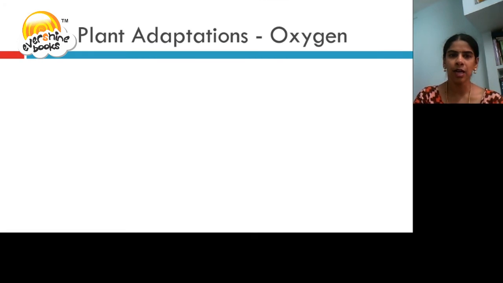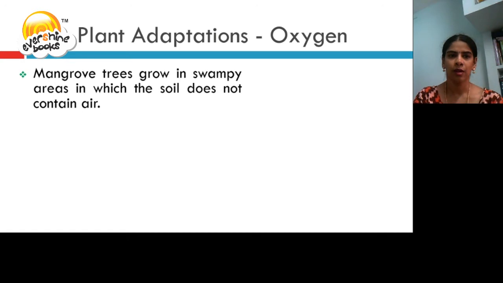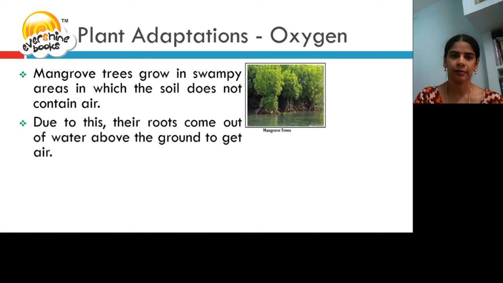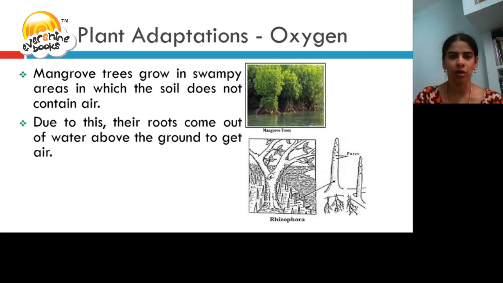Let us learn the adaptation of plants for oxygen. Mangrove trees grow in swampy areas in which the soil does not contain air. Due to this, their roots come out of the water above the ground to get the air.